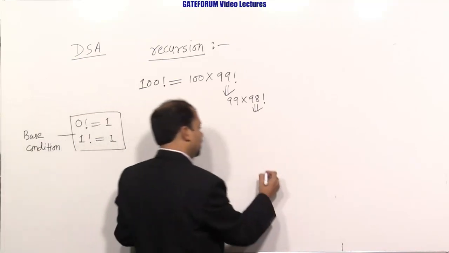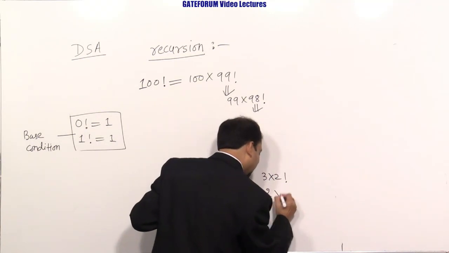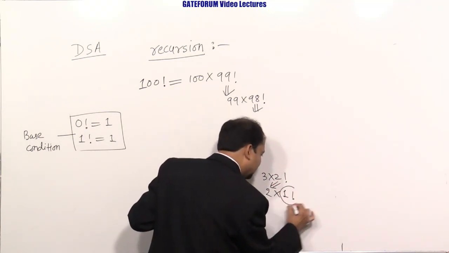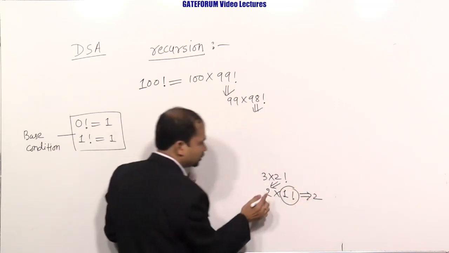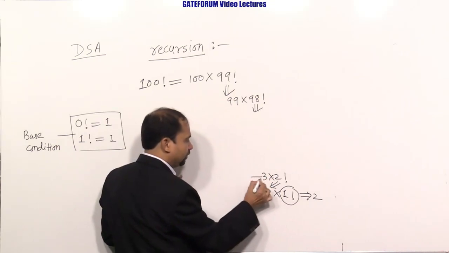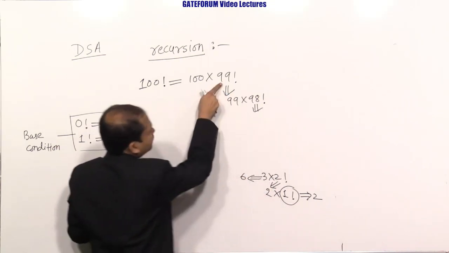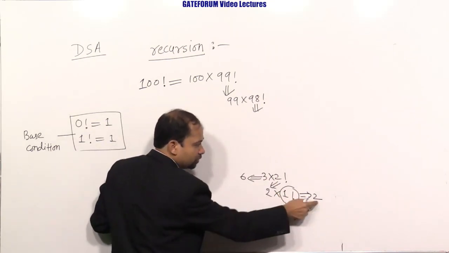In this manner we'll reach 3 into 2 factorial, and then 2 into 1. 2 factorial will call 1 factorial, and we know this answer is 1. So the value of 2 factorial is 2. Now 3 into 2 will be 6, and so on till we reach this point. The value of 1 factorial is 1, so for 2 factorial we got 2.